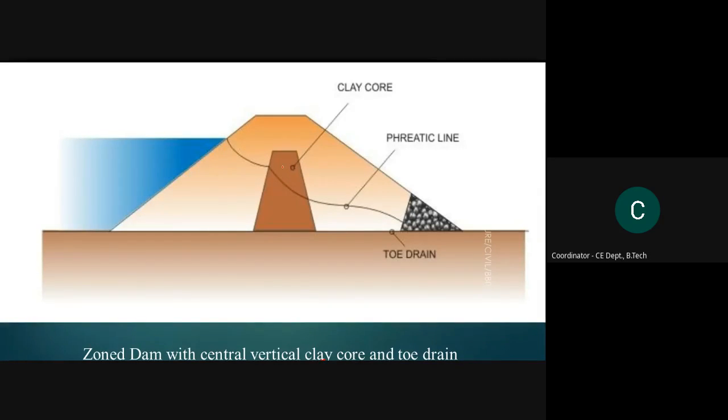So this is a vertical clay core and here a toe drain is provided. So if the phreatic line is able to cross over this vertical clay core, it will automatically flow to this toe drain. By this mechanism the seepage can be controlled.